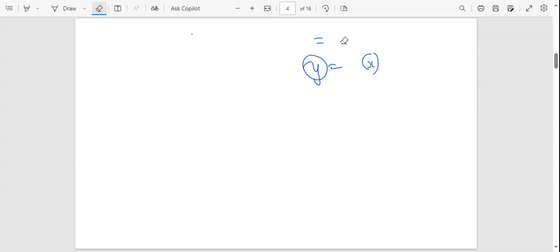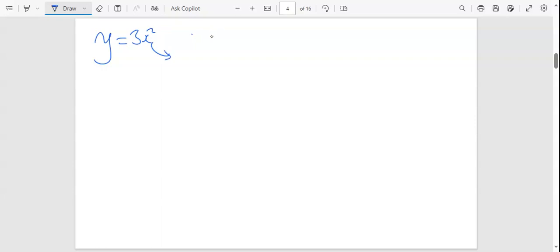So a function is just a relationship, the rule that relates two or more variables, and these variables actually contain what we call an operator. Suppose you have y is equal to 3x squared, or let me say again, y is equal to 3x. An operator is this one, which will be causing some changes.